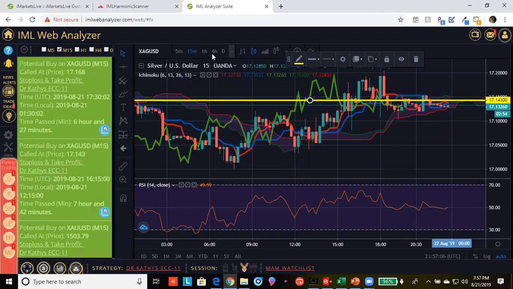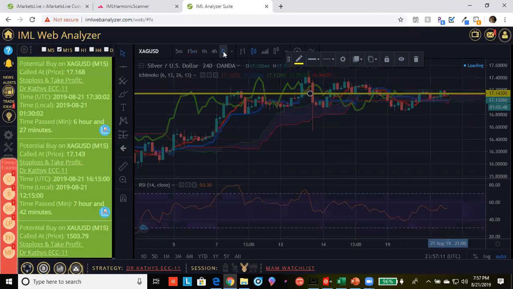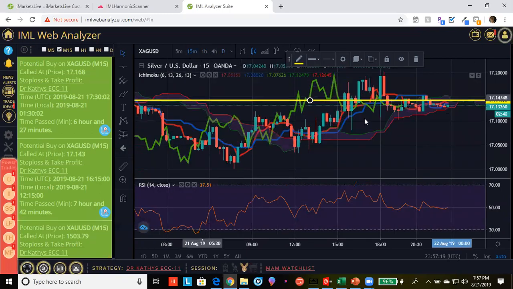As we go through the time frames, we can see that it actually does break through the cloud. Yeah, each one of them is taking a little while tonight.